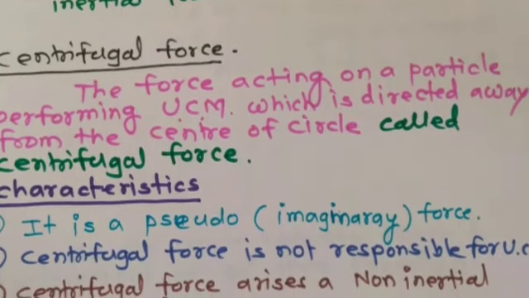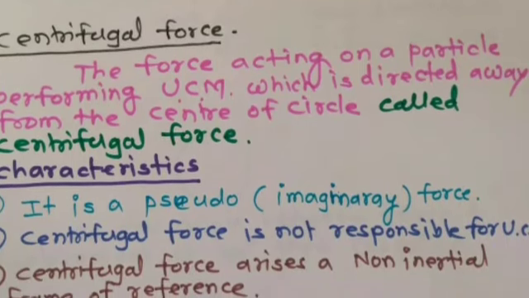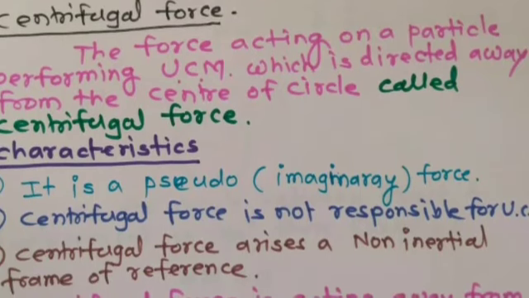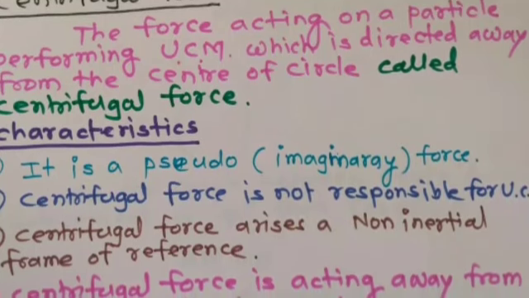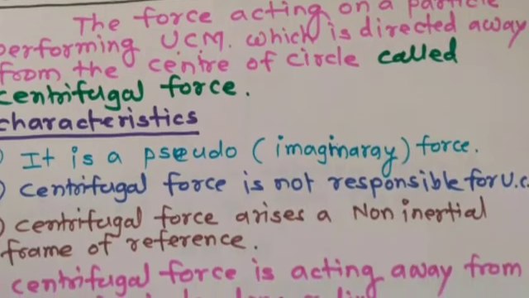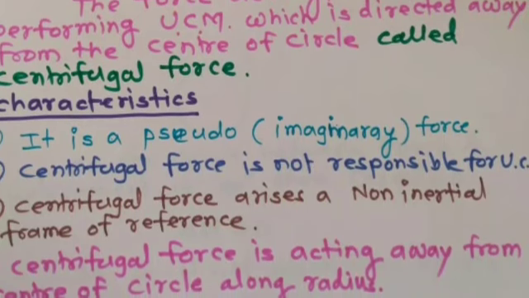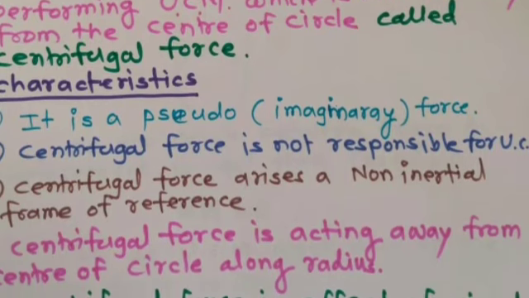Number 2, centrifugal force is not responsible for uniform circular motion. Number 3, centrifugal force arises in a non-inertial frame of reference. Number 4, centrifugal force acts away from the center of the circle along the radius.